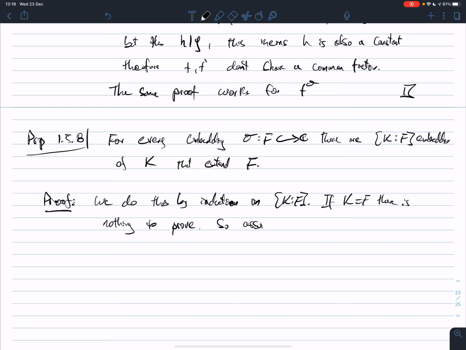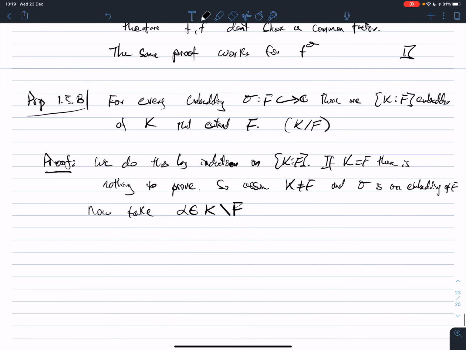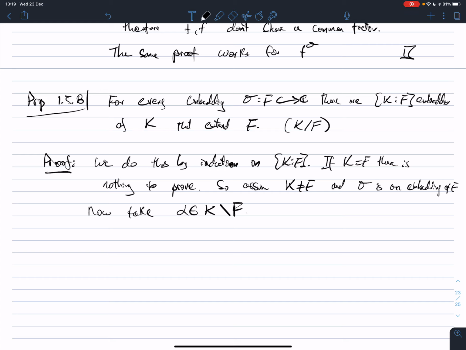So assume that K is different from F, and sigma is an embedding of F. K is an extension of F, so K is bigger than F. I take some element alpha which is in K but not in F, and now let's consider its minimal polynomial over F.